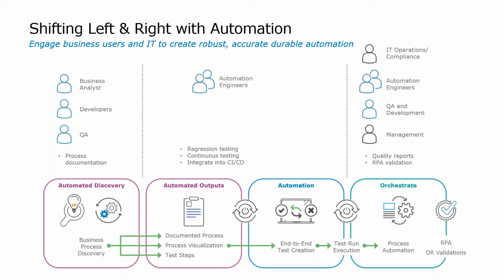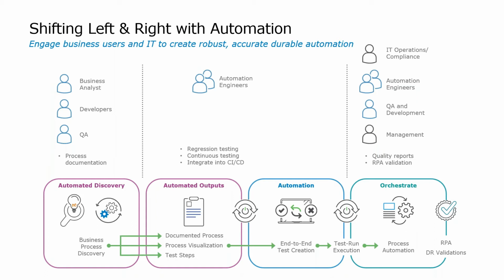Now, I'm not going to talk about this too extensively today. We have done some other webinars on RPA and production orchestration, but I just want to reinforce that the investment you make in continuous testing doesn't just sit in its lone silo.